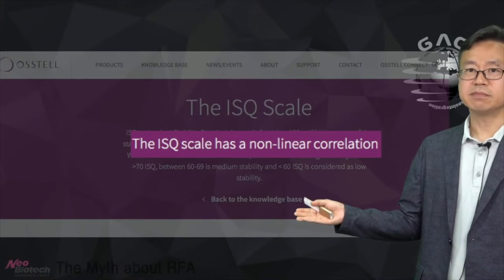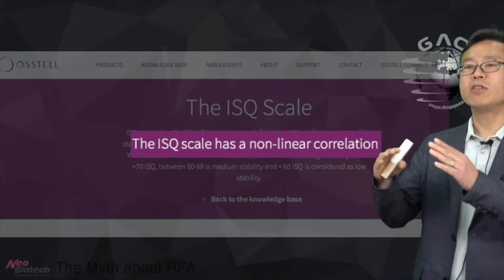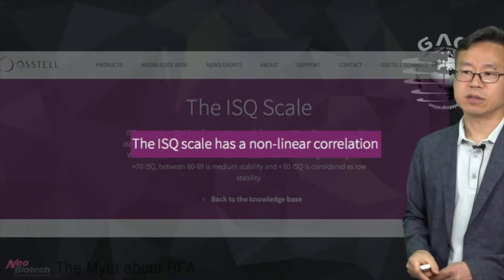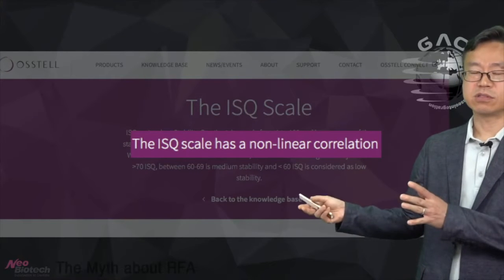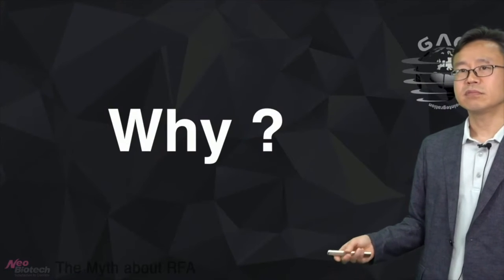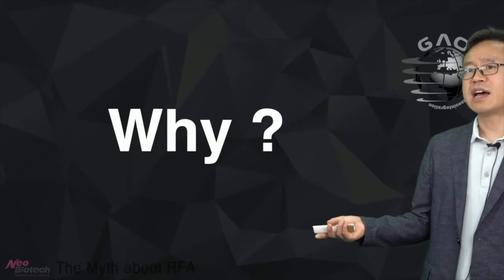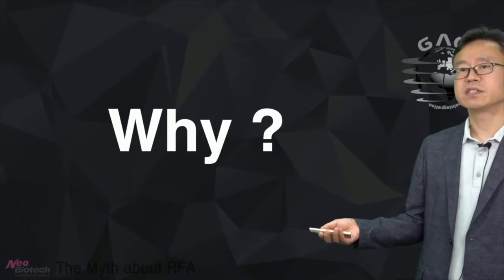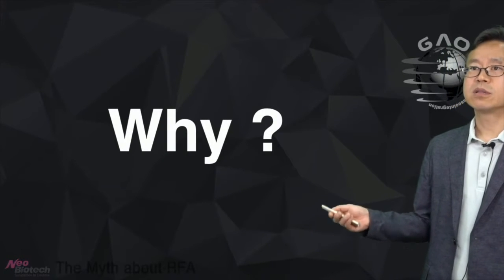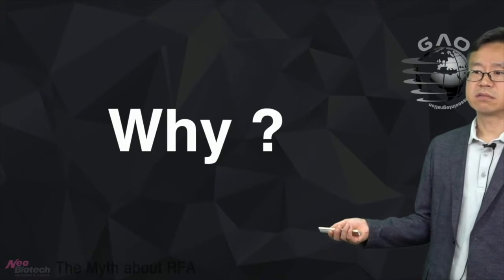You see what I mean? So there is no linear correlation between ISQ values. How come ISQ is not linear then? If it's not linear, what's the purpose of using it?